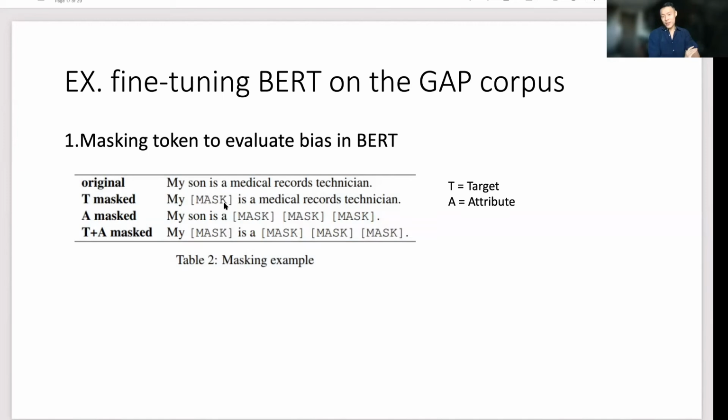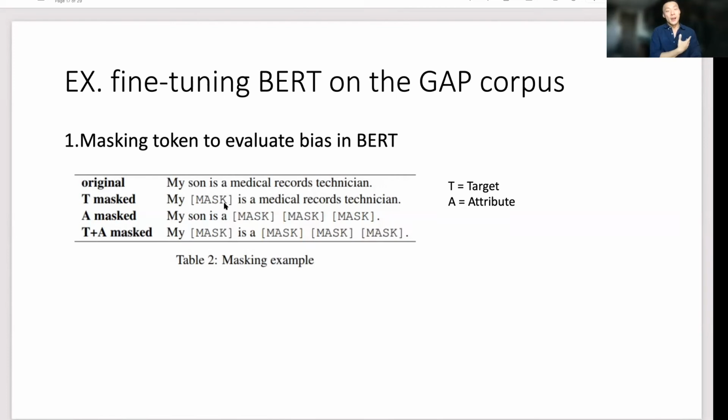There can be many, right? There can be anything in there, like my son, my daughter, my wife, my husband, there's a lot of words that can go in there. But you force BERT to learn from the context what word is in that position, and that's what makes BERT smart. It has a lot of exercises in guessing missing words, like the closed tests that we did in entrance exams.